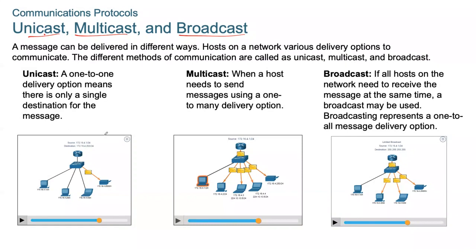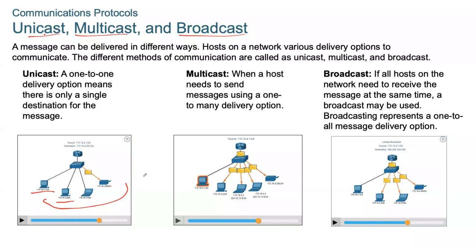So if you see in the first one, there are users with the IP address 172.16.4.1, and another user with the IP address 172.16.4.2. Here you can observe the first 3 bytes, 172.16.4, are the same for all the clients in this network.